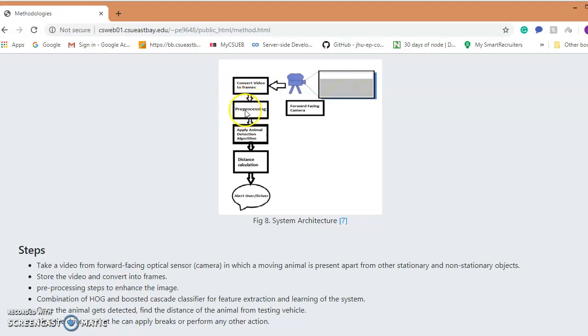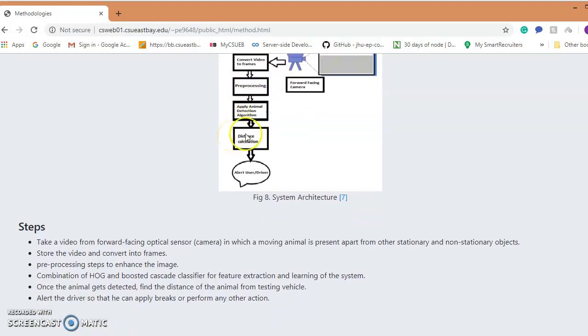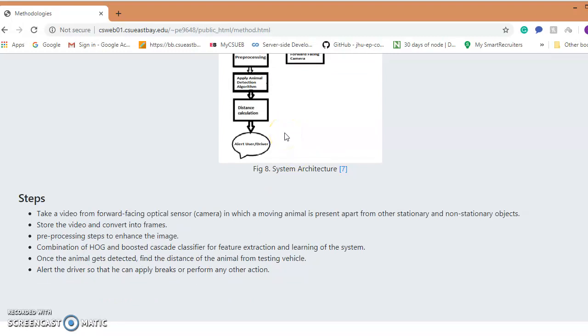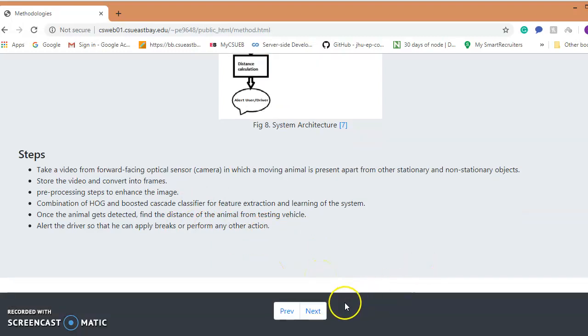Here we require some pre-processing steps to enhance the image. Then there is a combination of HOG and boosted cascade classifier for feature extraction and learning of the system. Once the animal gets detected, the next job is to find the distance of the animal from the testing vehicle, and once the distance has been calculated, we alert the driver so that he can apply the brake or perform any other action.